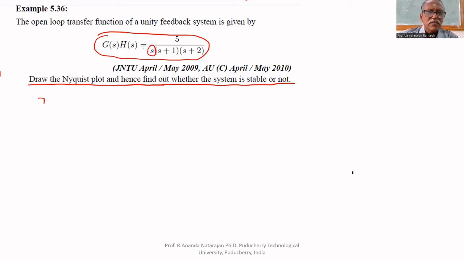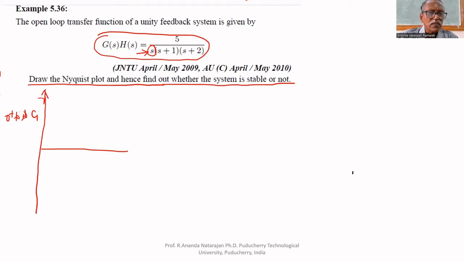In this case, because of this S, the Nyquist contour is different. What is the Nyquist contour? The Nyquist contour has the first segment C1, which varies from 0 plus to j infinity.